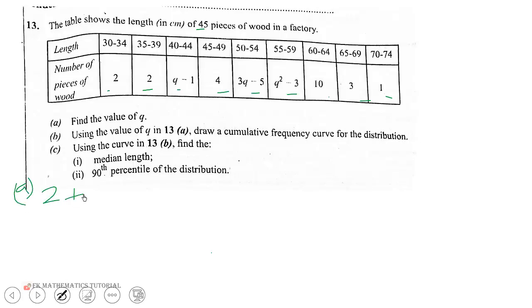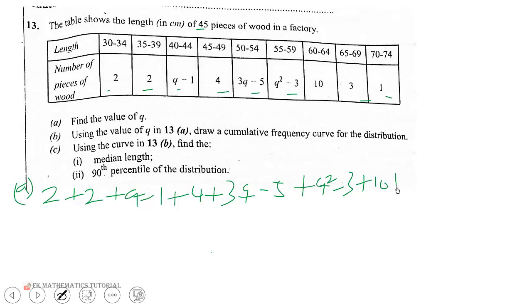We have 2 plus 2 plus Q minus 1 plus 4 plus 3Q minus 5 plus Q squared minus 3, then plus 10 plus 3 plus 1. It should give us 45. Now simplify this.